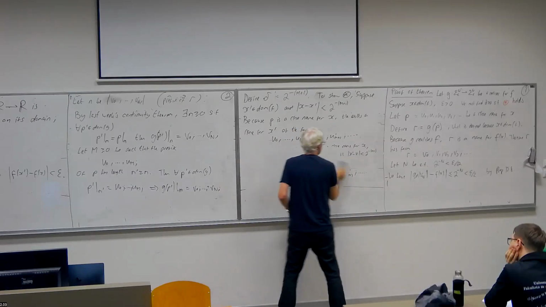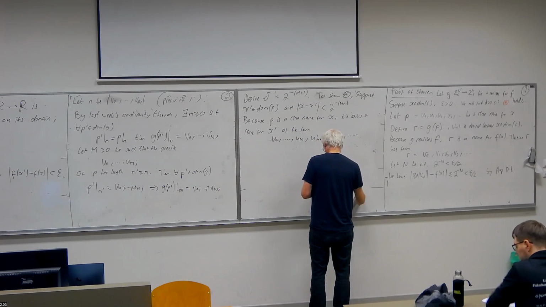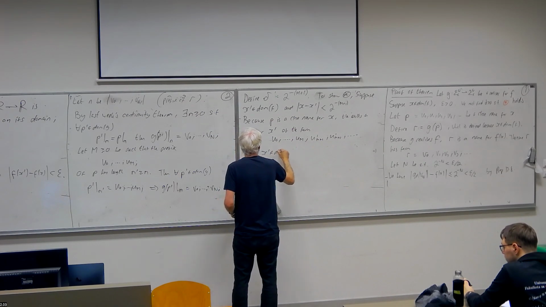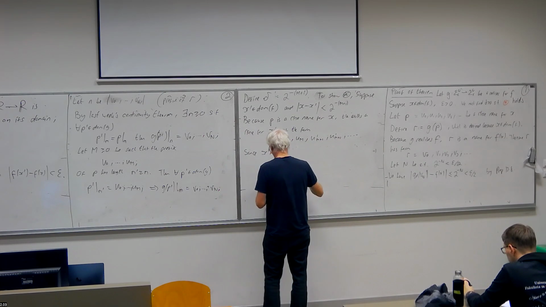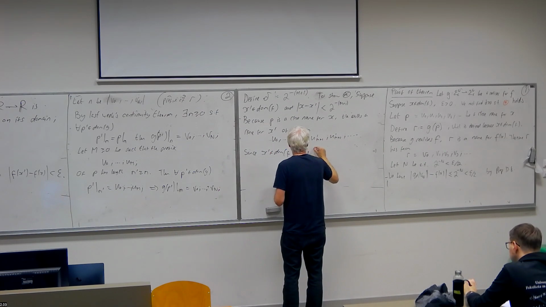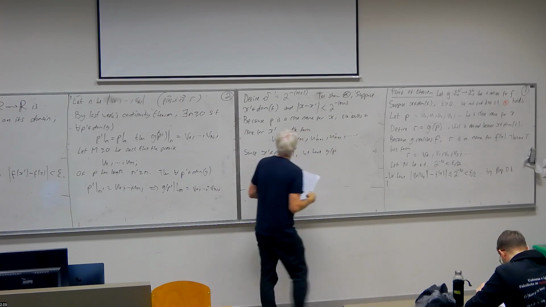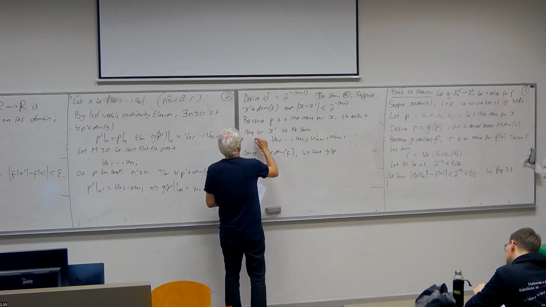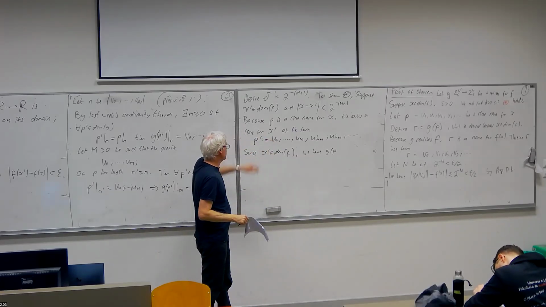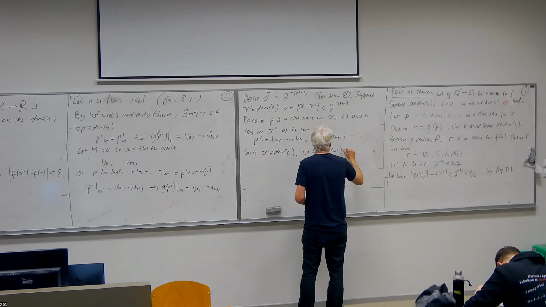And now we see, since x prime is in the domain of f, this is p prime, the name for x prime. We have that g of p prime is defined because it must be a name.